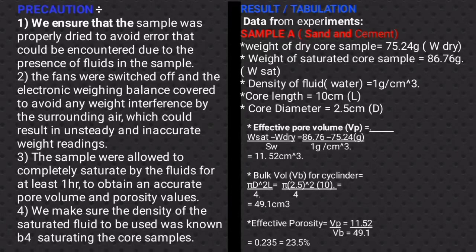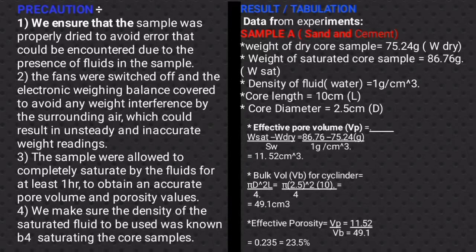And the next one is W sat, which means the weight after saturation, or after being soaked in water. In this result stage, I will use W dry and W sat to represent each of them, so don't be confused. Next, we have the density of the fluid, which is water and is 1 gram per cm cube.